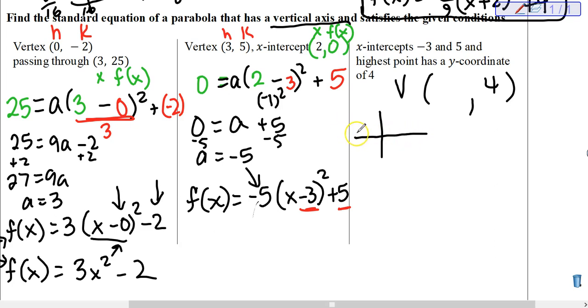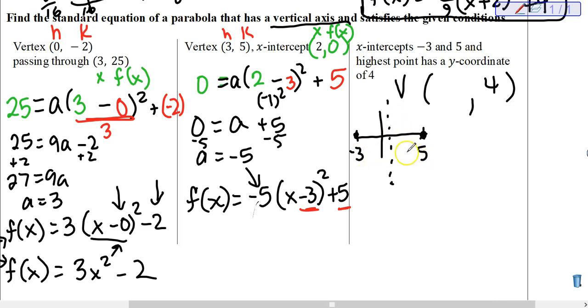At negative 3 and 5. All right, so there are my zeros. Where would my vertex be located? In the middle of them? It has to be on the line of symmetry. And doesn't the line of symmetry have to be right center between all of the points that are not on the vertex, right?